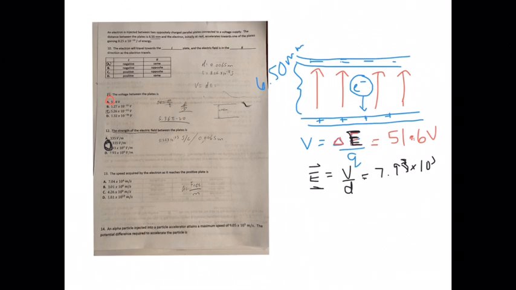We're also going to look at that very last one, 13. It asks for the speed acquired by the electron as it reaches the positive plate. It starts at rest and then accelerates and gains that much energy. Sometimes we can use kinematics to solve these questions, but we can also do it a different way using the work energy theorem.